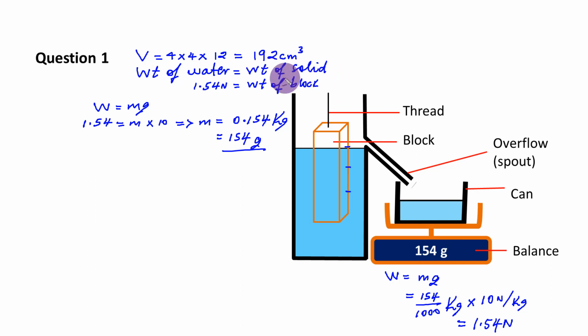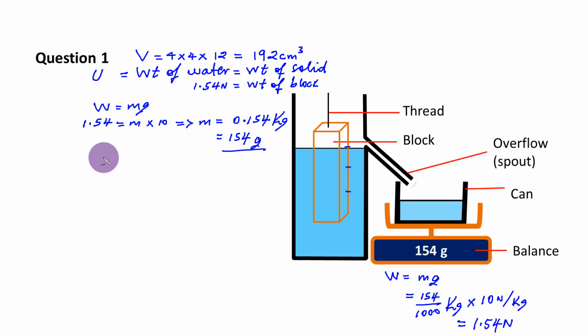By the way, the weight of the water displaced is equal to a type of force we call the upthrust. Okay, having got the mass of the water, and we know the volume of the water displaced, we are going to use these values later on.